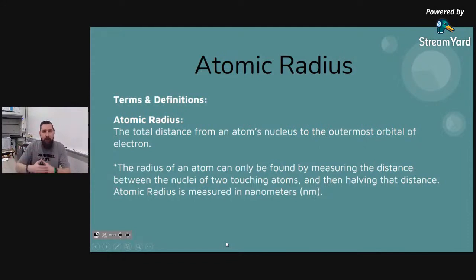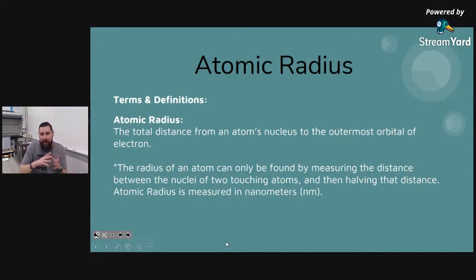So atomic radius, by definition, is the total distance from an atom's nucleus, the center of that nucleus, to the outermost orbital of an electron. When we talk about an atom, the predominant model used in high school is the Bohr model, or the planetary model of the atom, where you've got the nucleus and then rings of electrons like they're in orbit around that nucleus.